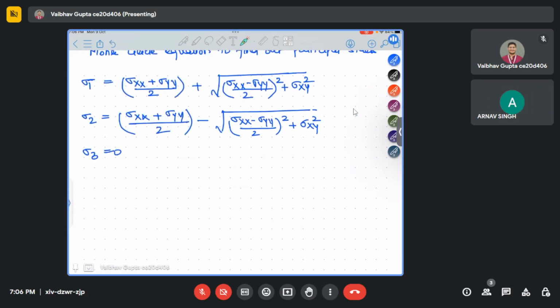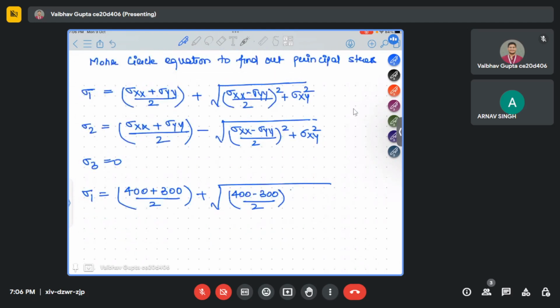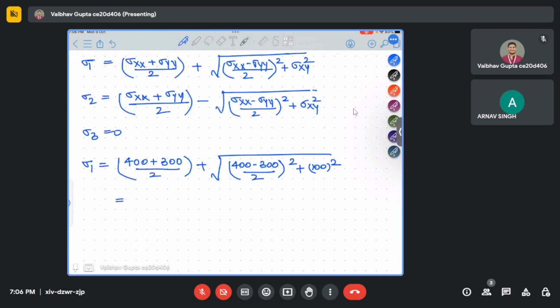So what is sigma 1 if you put in the values? Sigma xx is 400 plus 300 by 2, plus under root of ((400 minus 300) by 2) whole square plus 100 whole square. 400 plus 300 is 700, 700 by 2 is 350, plus under root of 400 minus 300 is 100, 100 by 2 is 50, so 50 square plus 100 square.